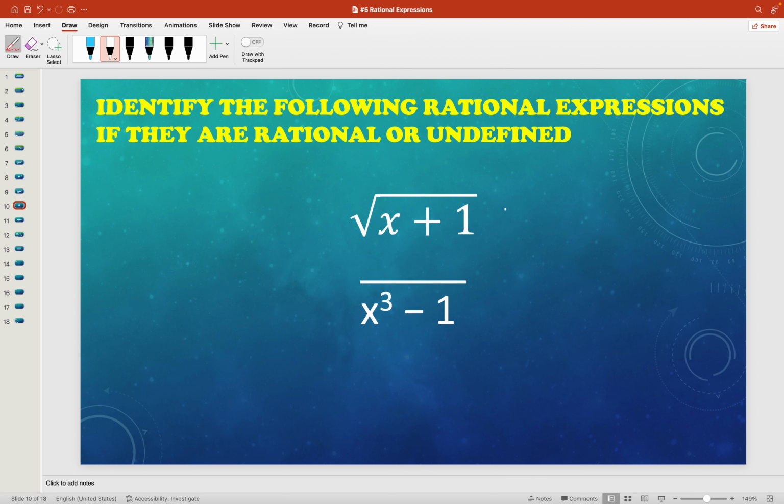Next, we check for negative exponent, fraction exponent, variables inside the radical sign, which is present in this one, and the value of the denominator is not equal to 0. Since one rule was violated, therefore this is not rational, or what they call undefined.